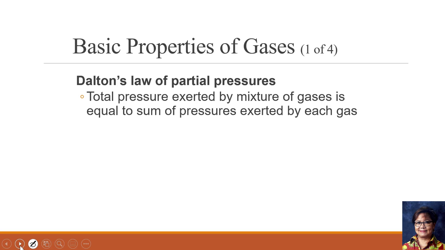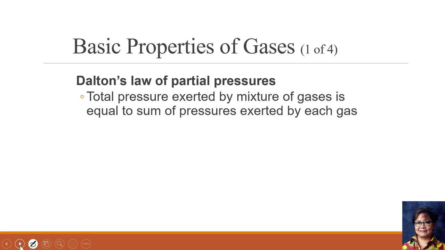The pressure exerted by these three gases is equivalent to 760 millimeters of mercury. The greatest among all of them is the pressure exerted by nitrogen gas. About 78% of the air that we're breathing in is made up of nitrogen gas.